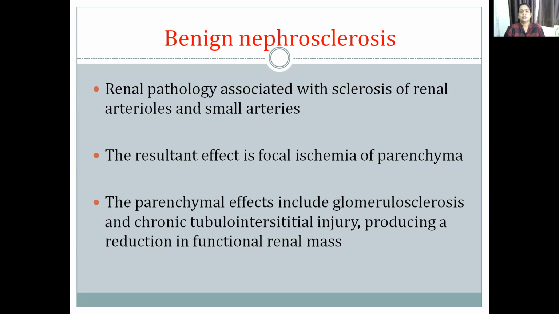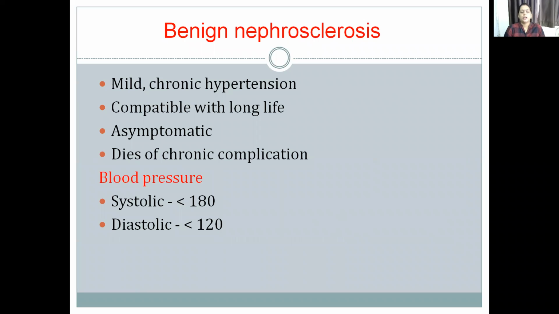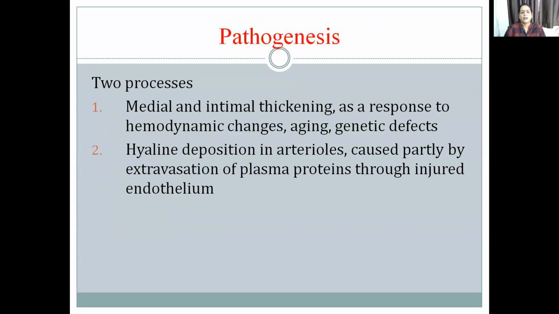Because of that, the overall functioning renal mass is reduced. It is compatible with life, usually asymptomatic, and the patient dies of some other chronic complication. Here the blood pressure is important: systolic less than 180, diastolic less than 120. If it is more, we categorize it as malignant nephrosclerosis.